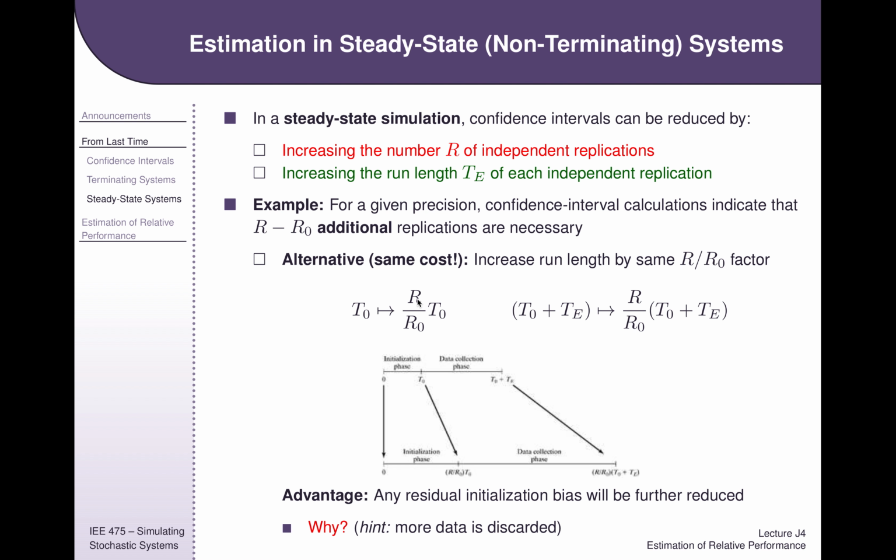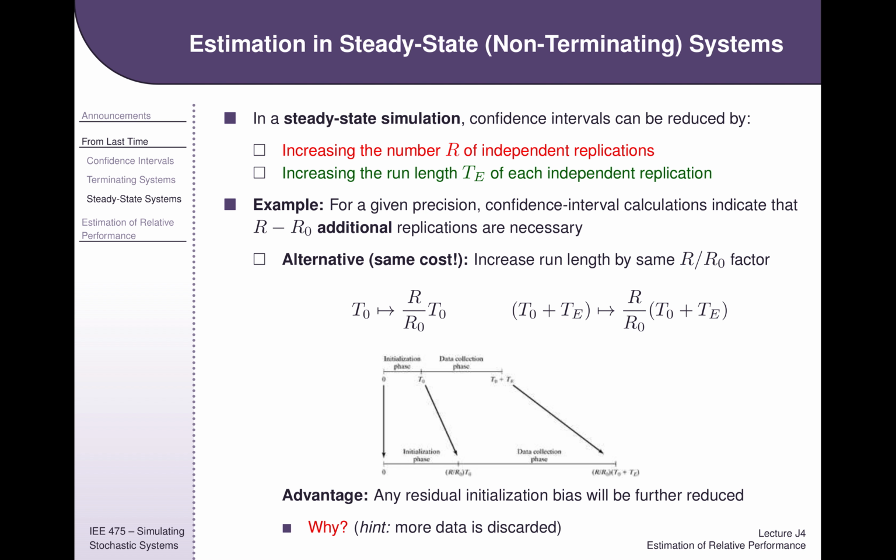Well, rather than actually running 250 sims, I'm just going to run all of those 25 sims 10 times longer, or at least have 10 times as much discarded data. And so over here, this is running them 10 times longer. So I'm going to run each sim 10 times longer, and have 10 times as much discarded data per replication. I still only have 25 replications, but every replication is run longer.